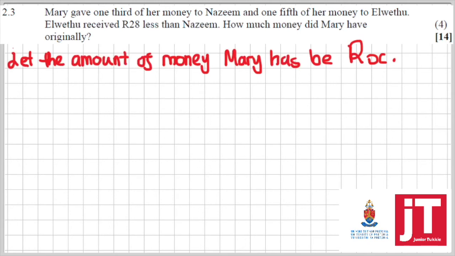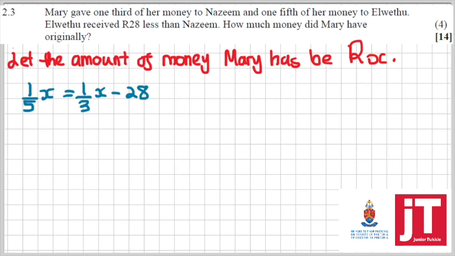We're going to say let the amount of money that Mary had be equal to x. And just to set up the equation, we're going to say 1/5 of x must be equal to 1/3 of x minus 28. That's very important to understand there. We got that from the statement.